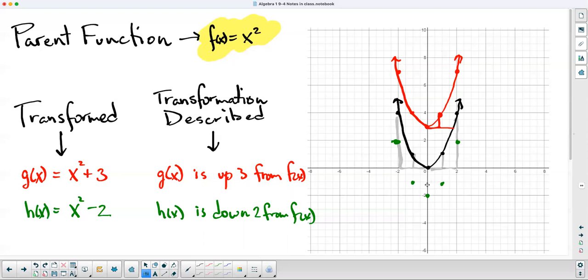Okay, if you drew them correct, the starting point, the vertex, would be 2 down. And then I would go over 1, up 1, over 2, up 4. So then I keep that same shape.